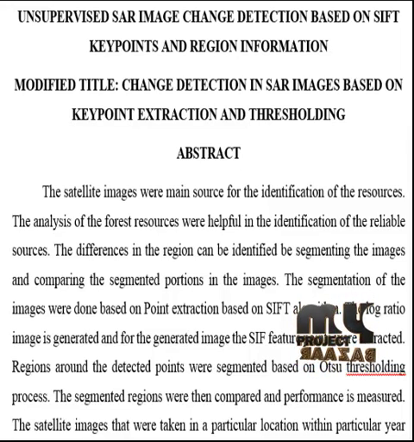The segmented regions are then compared and performance is measured. The satellite images that were taken in a particular location within a particular year limit were selected. The input images were fused based on log ratio calculation. SIFT points were extracted for the log ratio image.